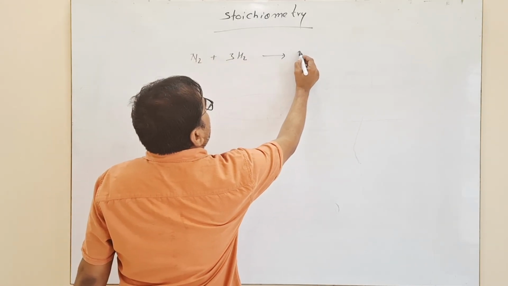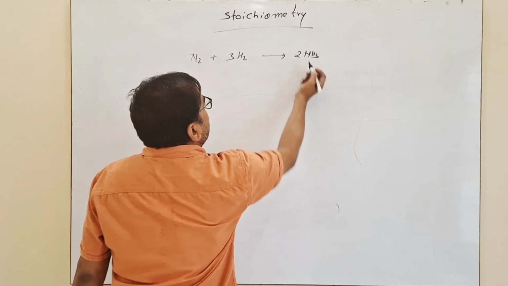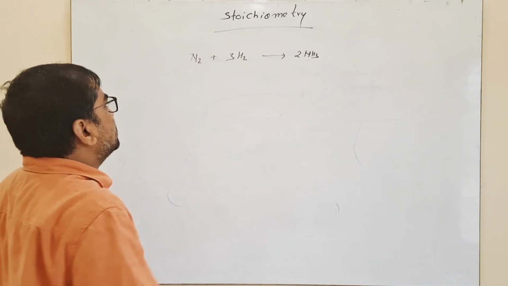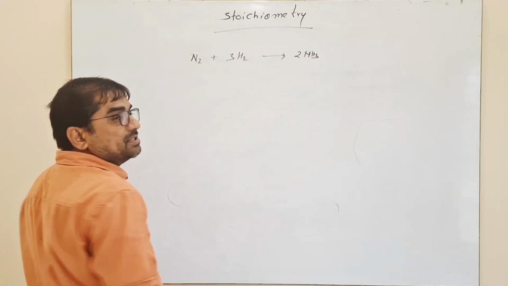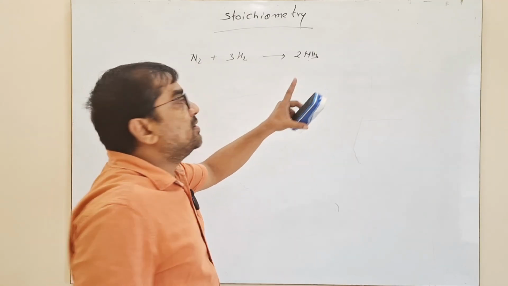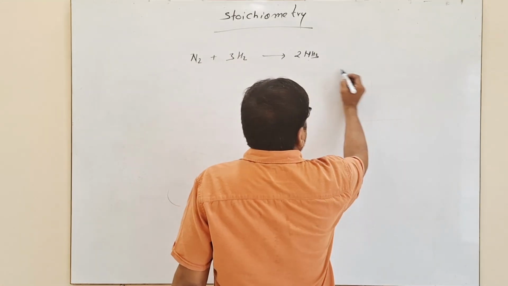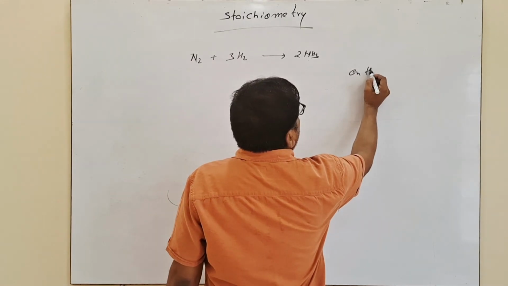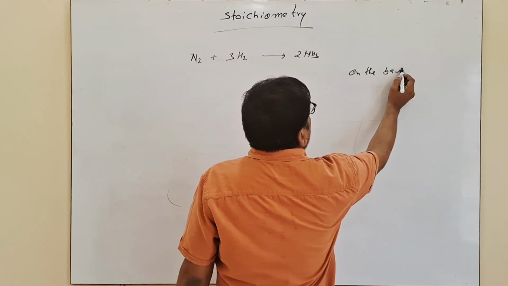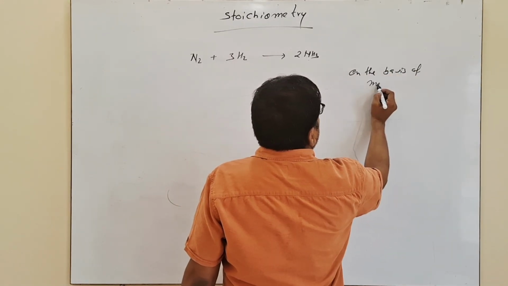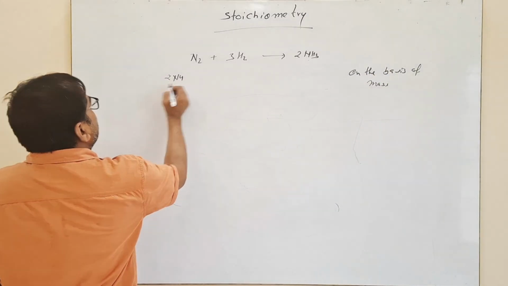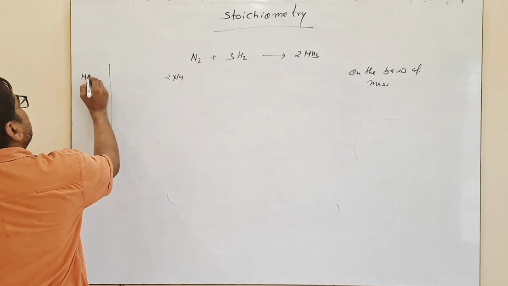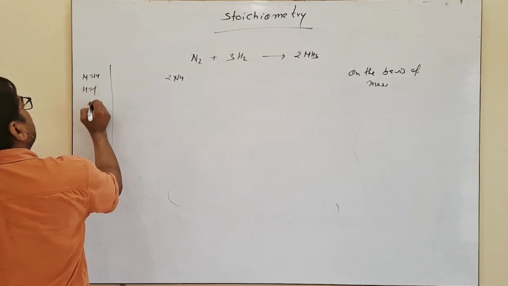N2 plus 3H2 gives 2NH3. It's a balanced chemical reaction where 1, 3 and 2 before the species represent stoichiometric coefficients. On the basis of mass, we can say that 2 into 14, since we know nitrogen atomic mass is 14, hydrogen is 1.